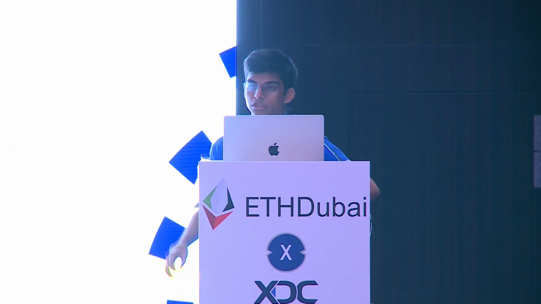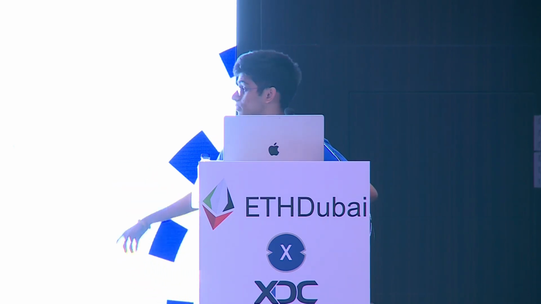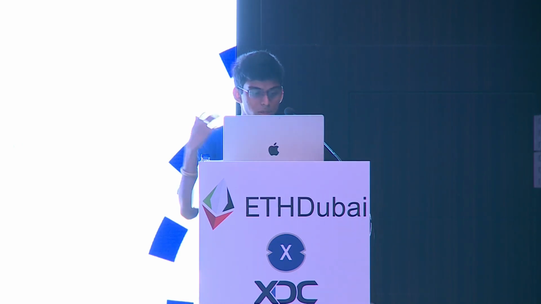So this is what we'll be building today. It's very simple. First, there is a task generator who will submit a number to be squared to the AVS contract. Then the EigenLayer operators who have opted into the AVS will get details of the task.